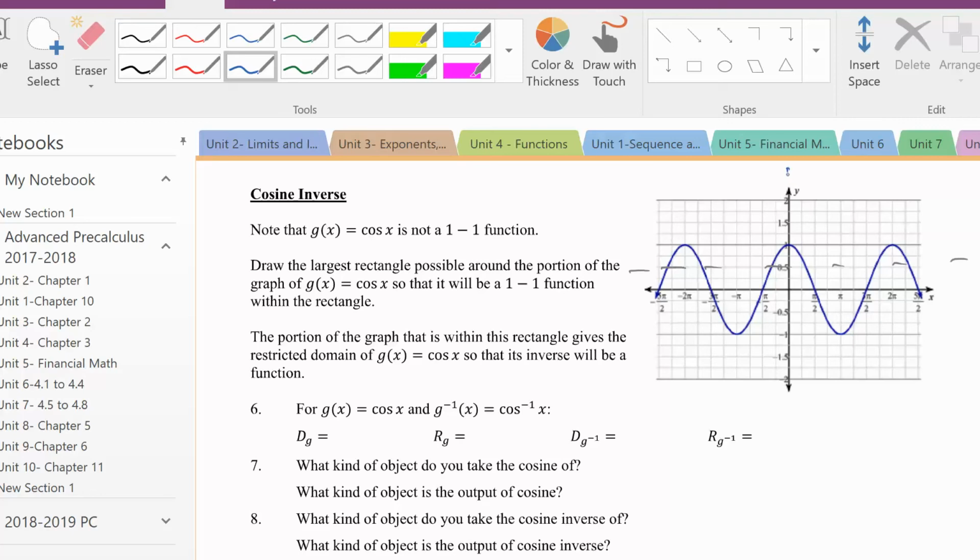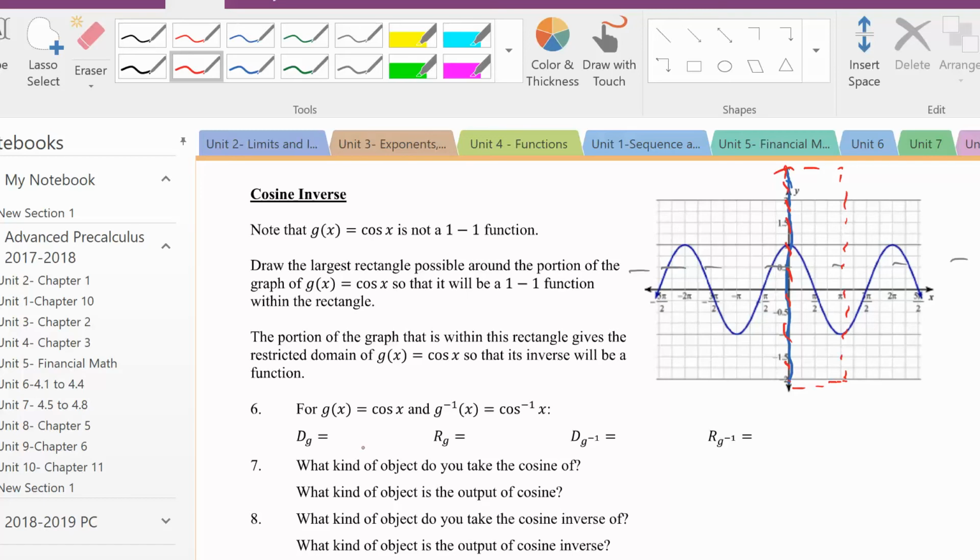But if we start at 0 and go all the way to pi, there would be a rectangle that would allow us to have a 1-to-1 function.